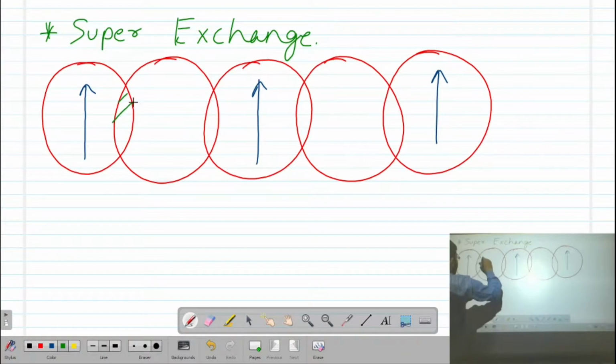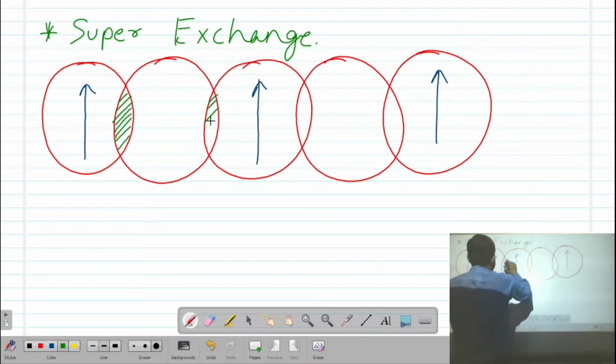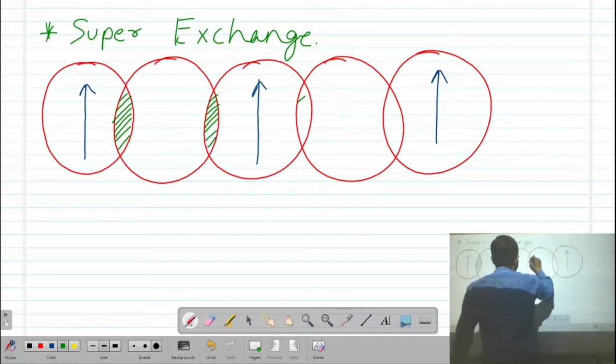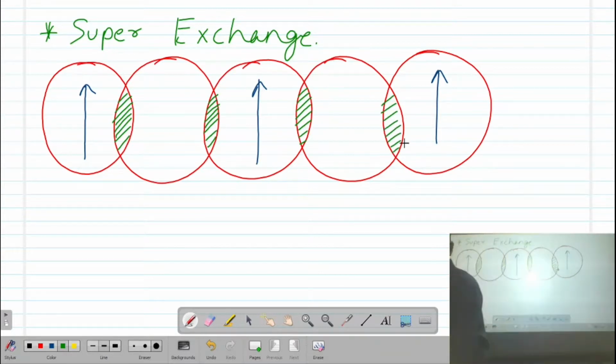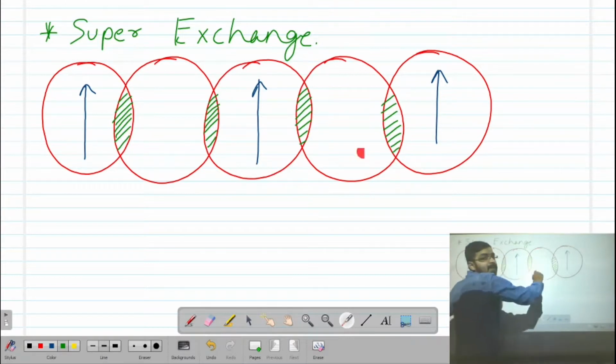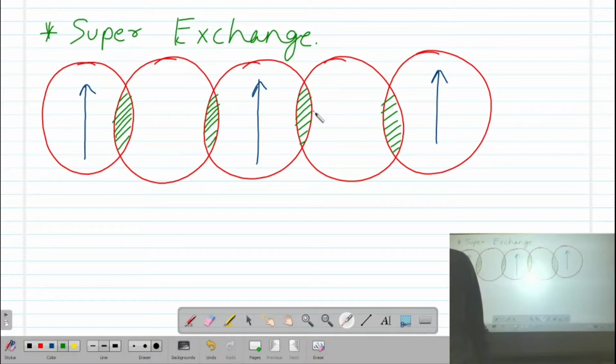You will not have magnetic dipole moments in the adjacent sites. It is nearly an alternate type of arrangement. But this is super exchange.